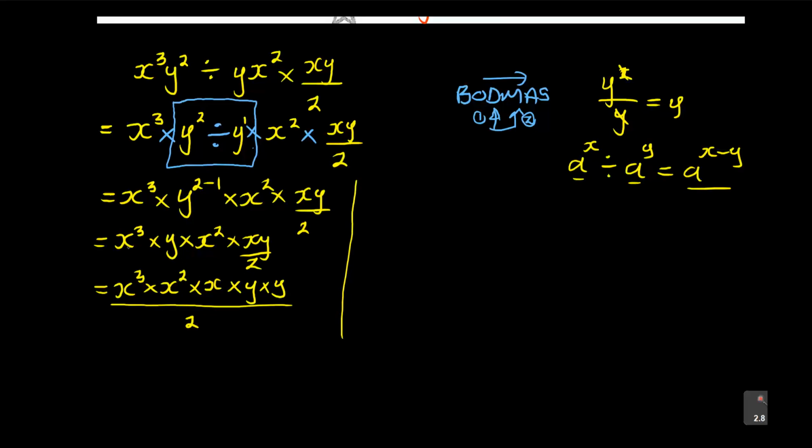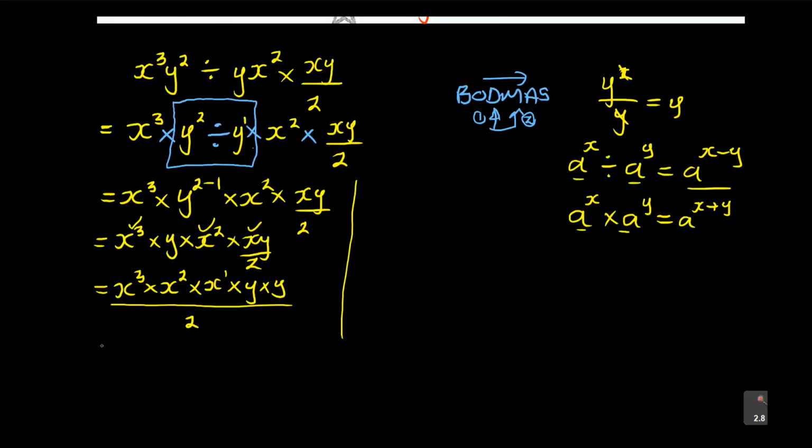So you see what I'm saying here? So it's x cubed, I collected that, and x squared, I collected that, and that x, so the power there is 1. Why am I doing that? I want to use this rule which says a to the exponent x times a to the exponent y, if the bases are the same, the exponents will add, which is a to the power x plus y.